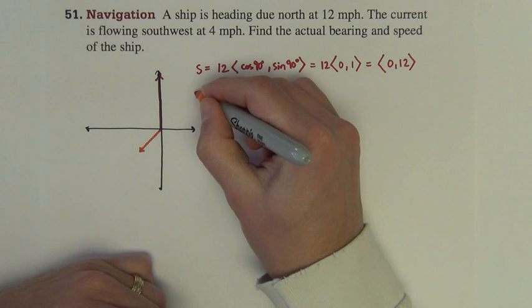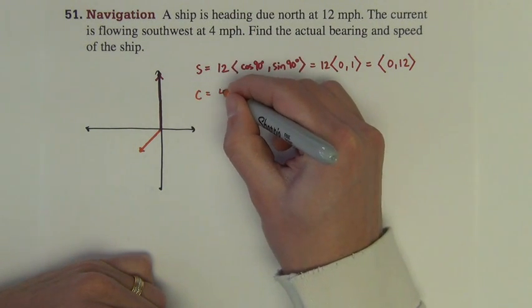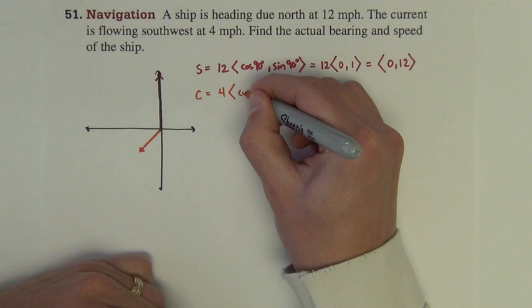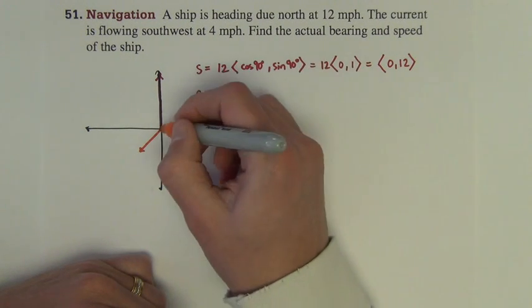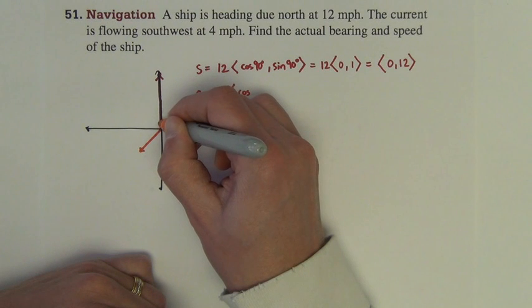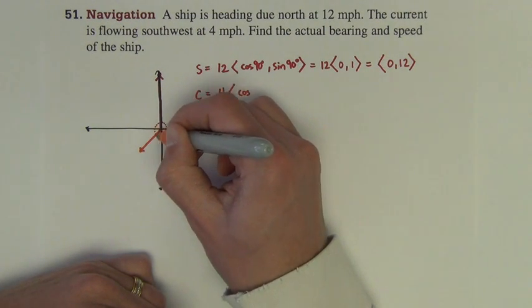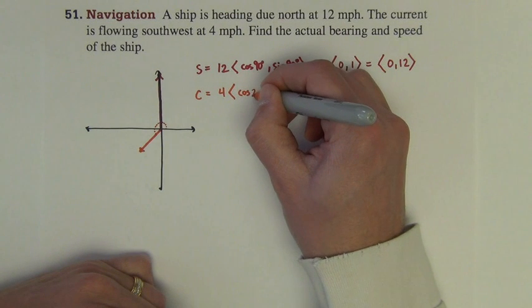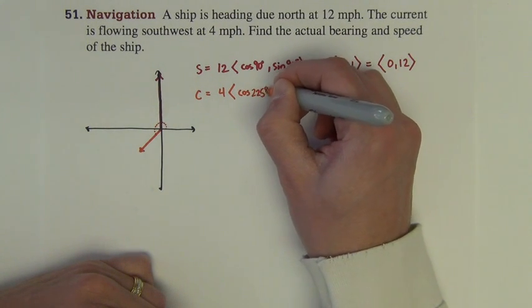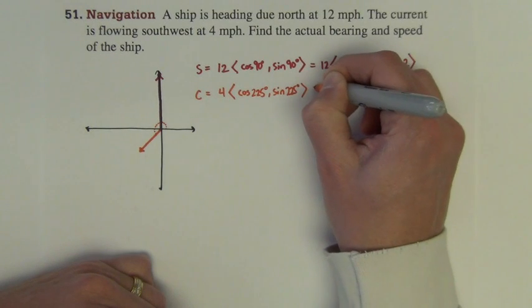Okay. Now we need to do the same thing for the current. Let's use C for current. Its magnitude is 4. I need cosine of its angle. Now its angle, if we're in the southwest, the angle is measured off the x-axis. So it's 180. It's a half circle plus 45 more. So it's 225. Sine of 225.